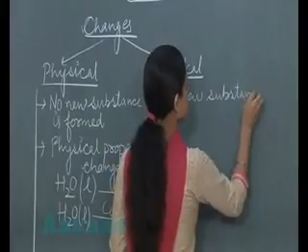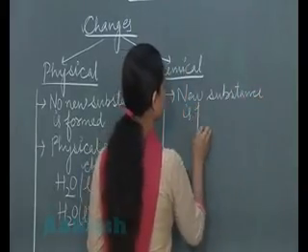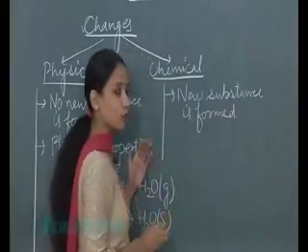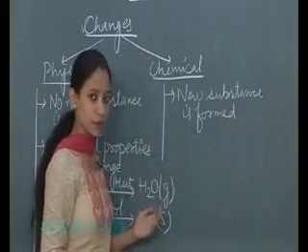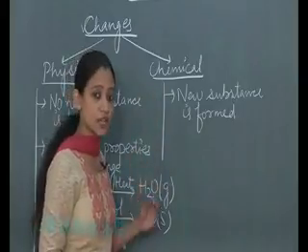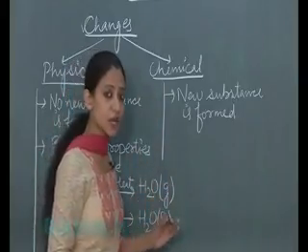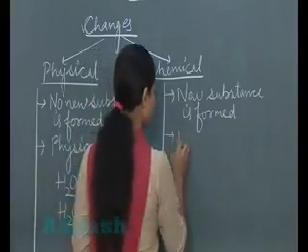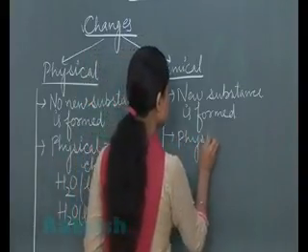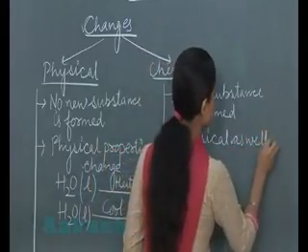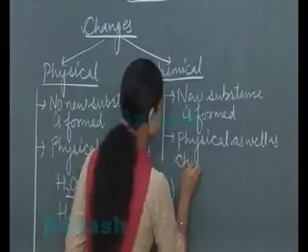Physical changes involve just the changes in the physical properties of the substance, whereas in a chemical change there is change both in the physical as well as the chemical properties of the substance.